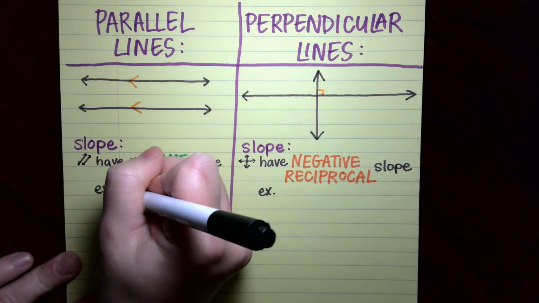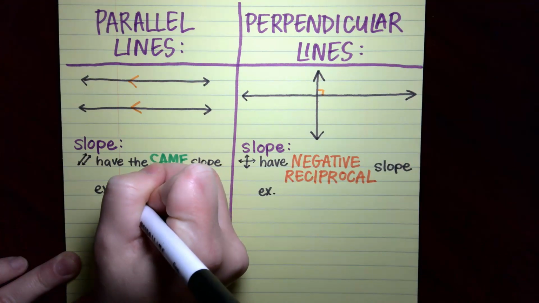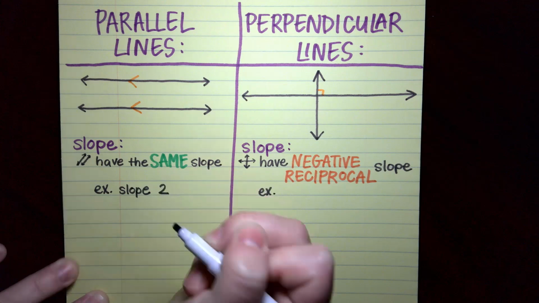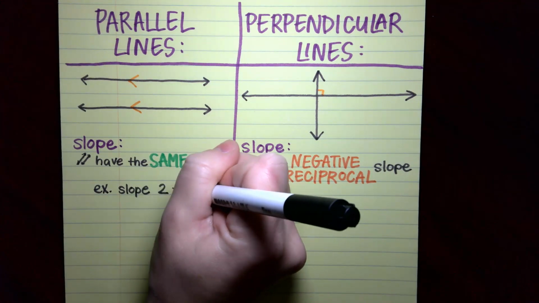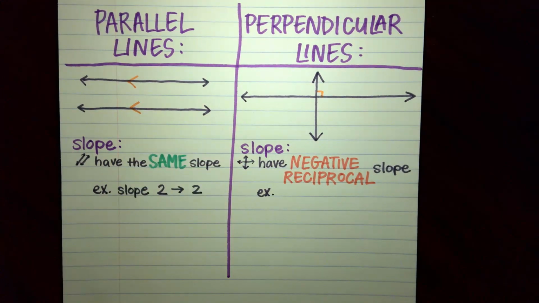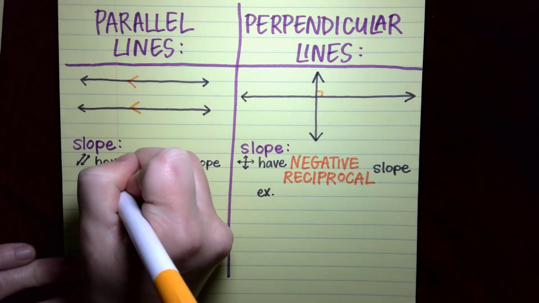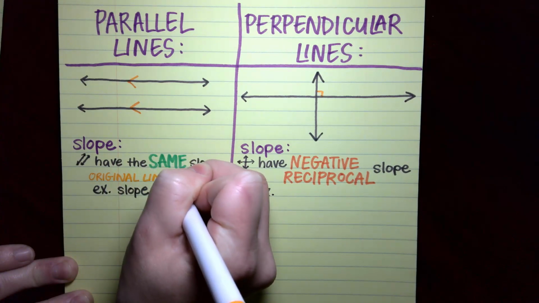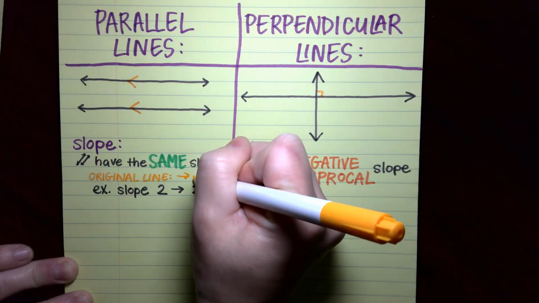If I had a slope of 2, what is the slope of my new line? 2. So I'm going to write, guys, original line and new parallel line.